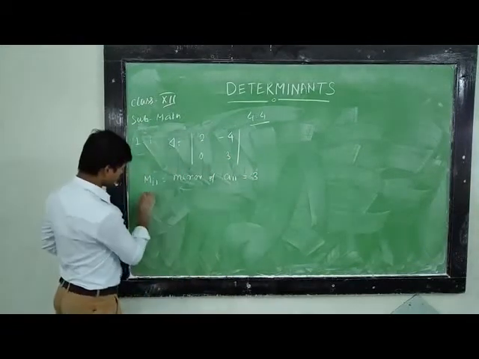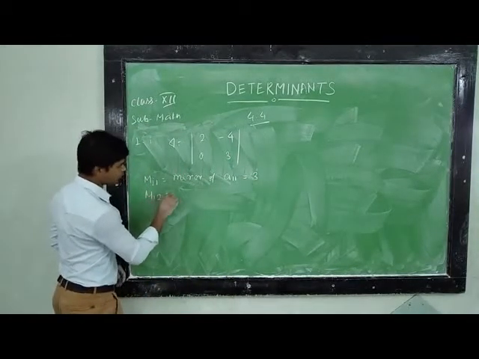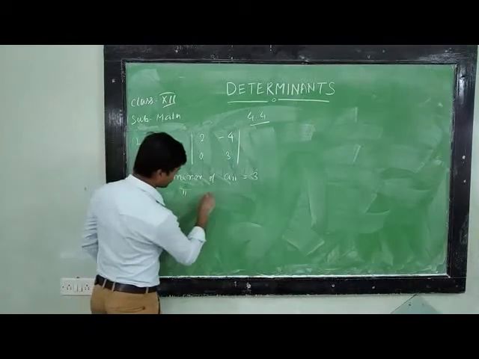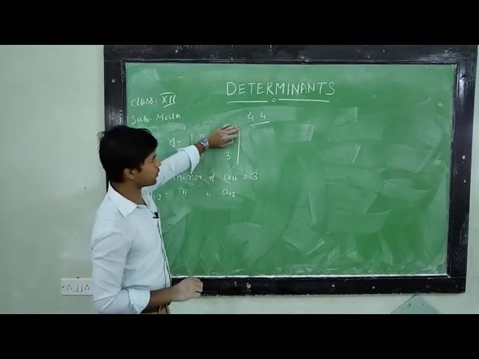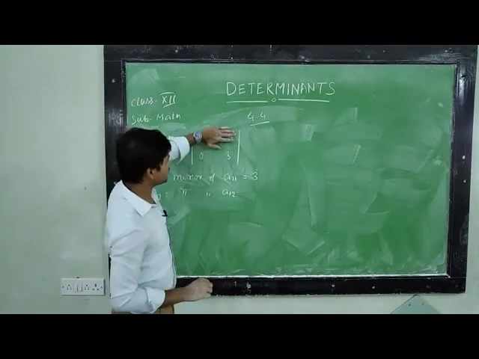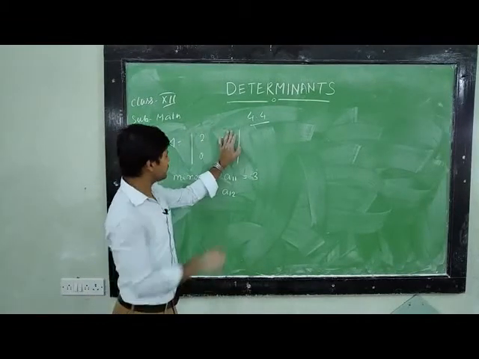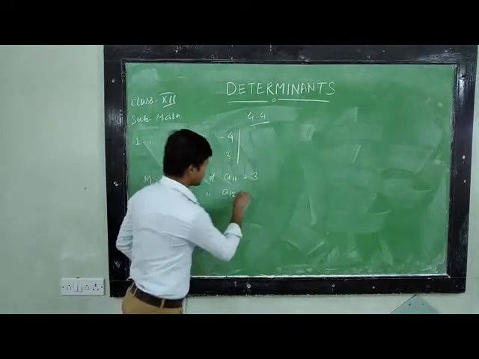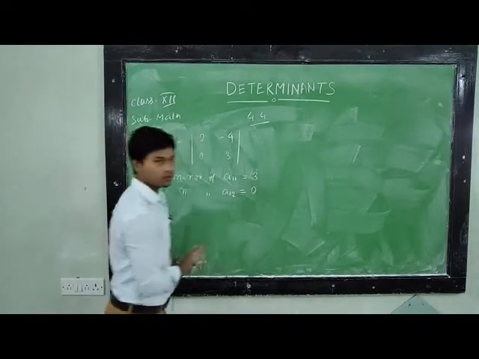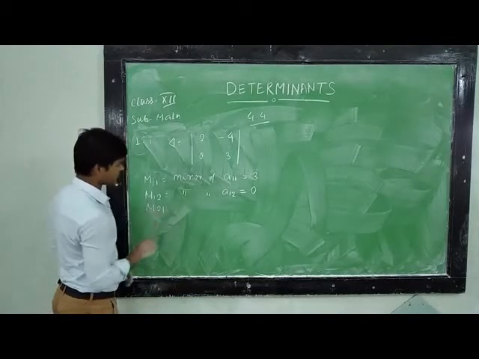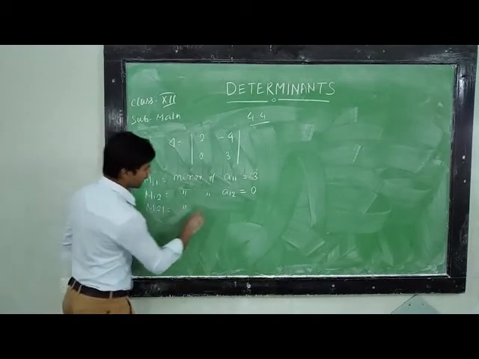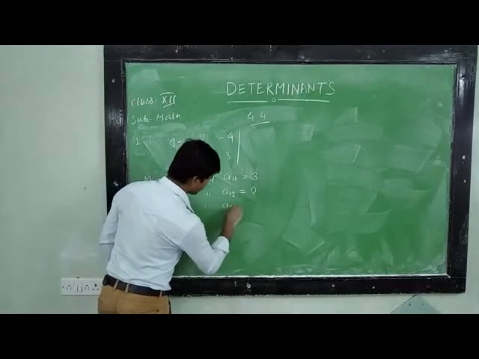Now M12 is equal to the minor of the element A12. This is the A12 element, so cover this row and this column. Only 0 is here, so the minor is equal to 0. M21 is equal to the minor of the element A21.